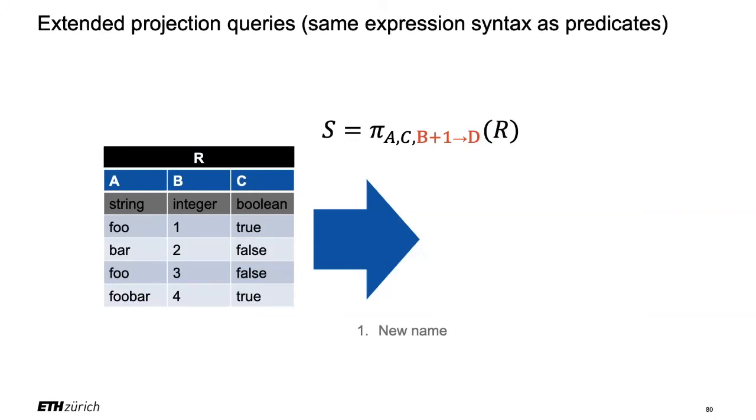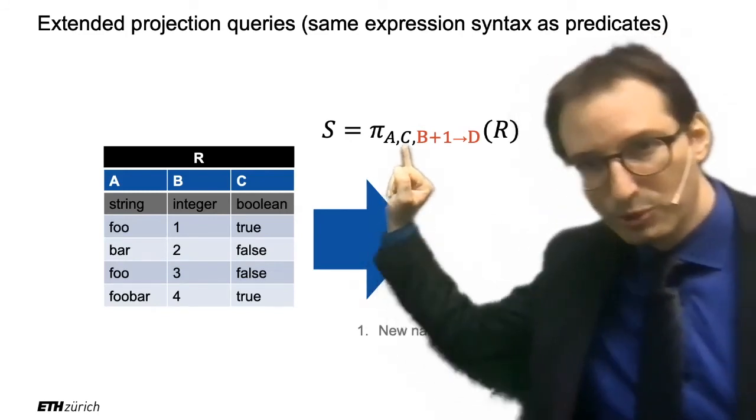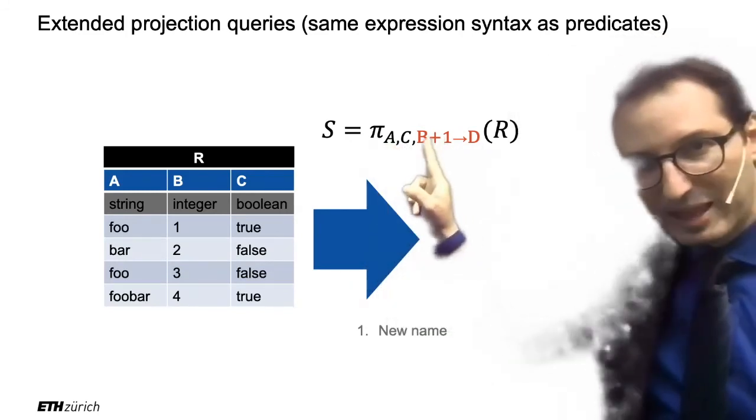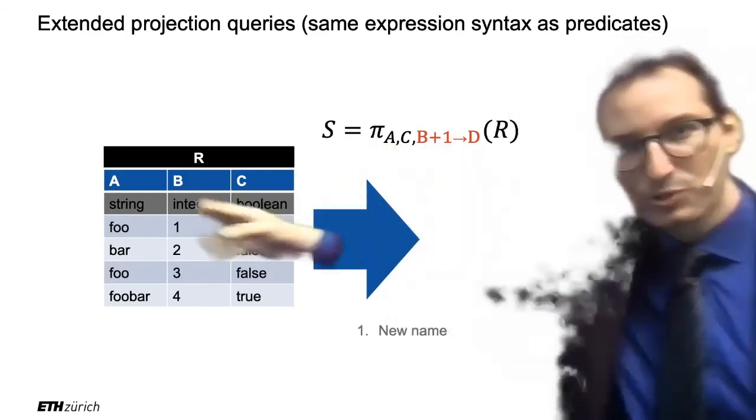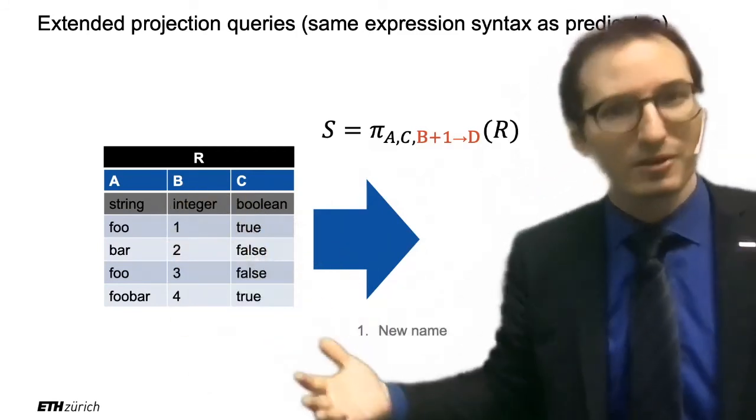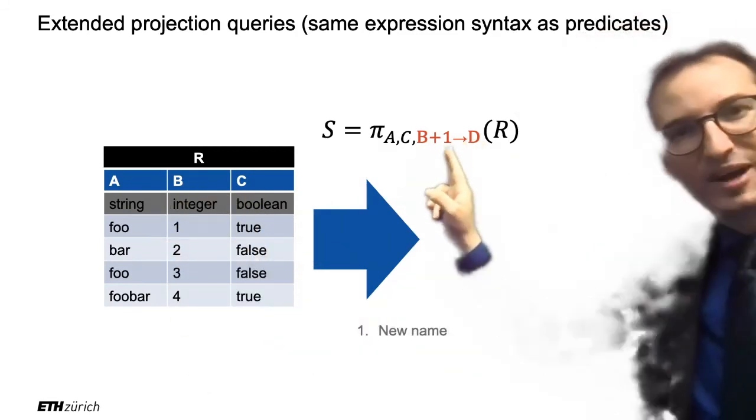Okay. Let's move over to also something fancy. It's called an extended projection. So far, when I showed you the projection, all I did was specify a list of attributes and we keep these attributes, but we could not modify or compute things. What if we want to compute things? Well, we can extend this pi notation by not just listing attributes A and C, but I can also specify D, because D doesn't exist here, I'm creating column D. But then I need to specify how.